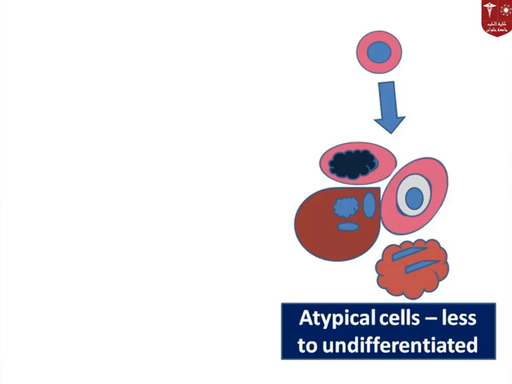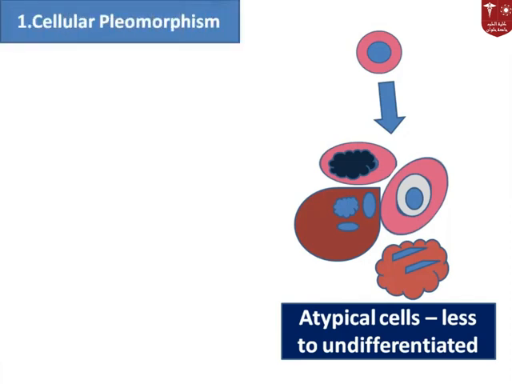Another thing, cells of malignant tumors do not obey the normal growth laws, right? So when cells divide, they divide rapidly. They do not give much concern to being all of the same shape. So this is called cellular pleomorphism. Pleo means poly, multiple.